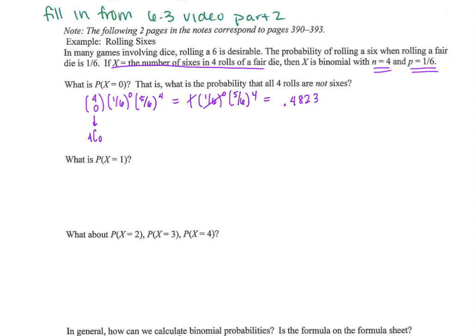0.4823. So you can do the same thing for what if I wanted to know the probability that I land on 6 one time out of 4 rolls. So that would be 4 choose 1, and I succeeded 1 time and failed 3 times. So 4 choose 1 is 4. So I've got 4 times 1/6 times 5/6 to the 3rd, and that is 0.3858.